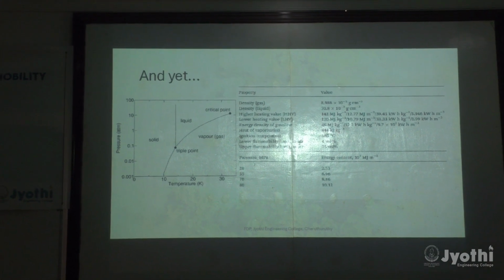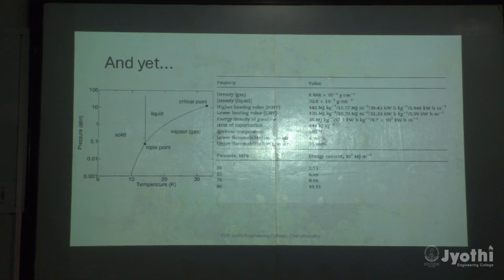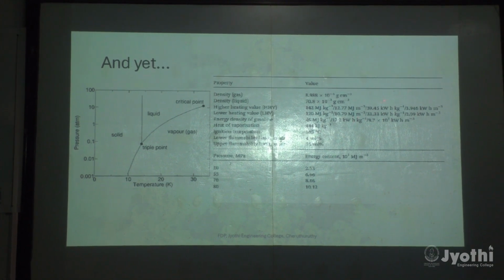All of these are again not really important, although the ignition temperature is important. We call hydrogen a very flammable fuel. But the ignition temperature is about 585. So you need a source which has a temperature of around 585 for it to combust, essentially.